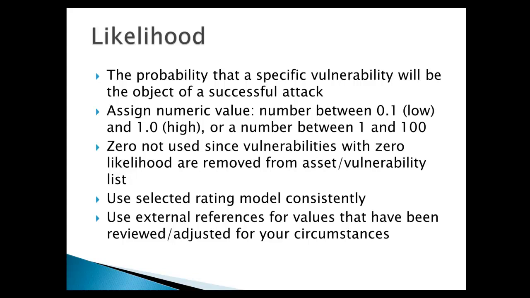I like to use numbers like 1 through 10. I think it's more meaningful to do that than 1 through 100 or 1 through 1,000. I think the larger the scale you have, the more difficult it is to determine actual risk and then make comparisons between the two.